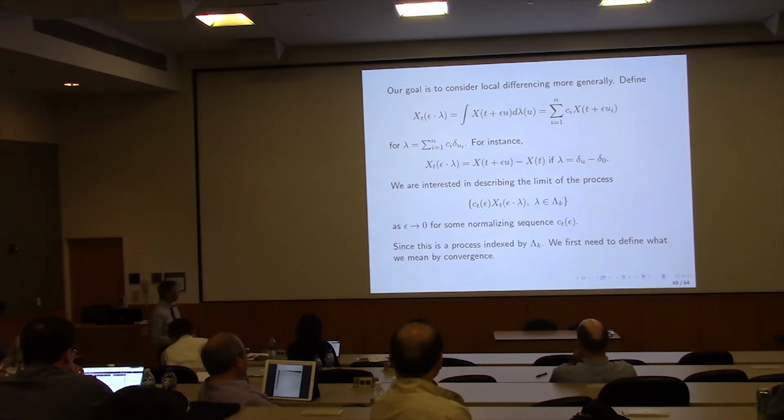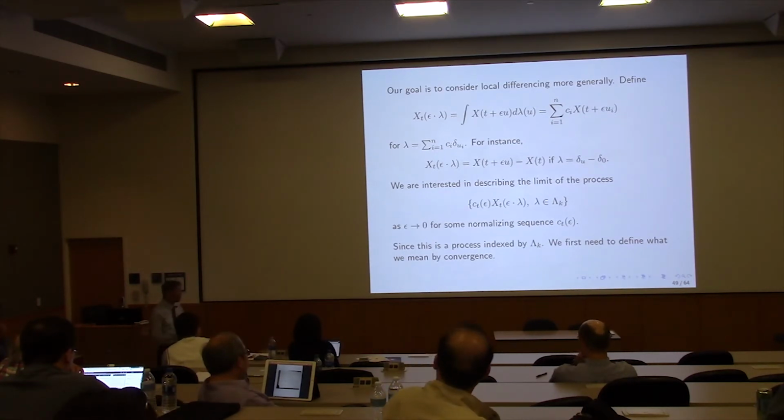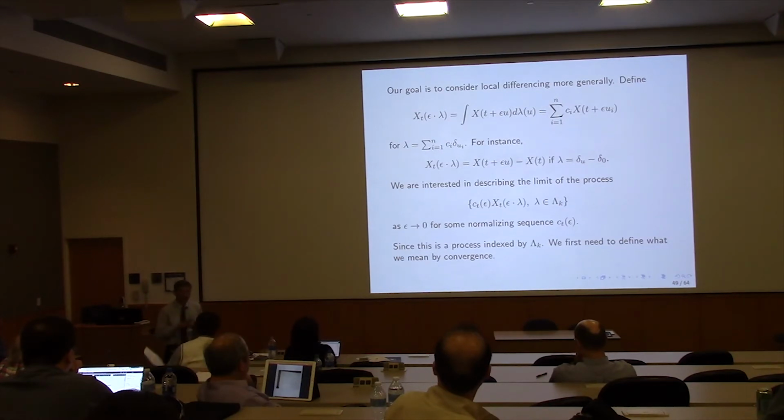I'm going to take the lambda in Lambda_k and ask the question: suppose I can find a normalization such that this generalized differencing converges to a limit. What properties must this limit have? In a nutshell, the limit is going to be self-similar because of the scaling. Self-similar. It's going to be an IRF.